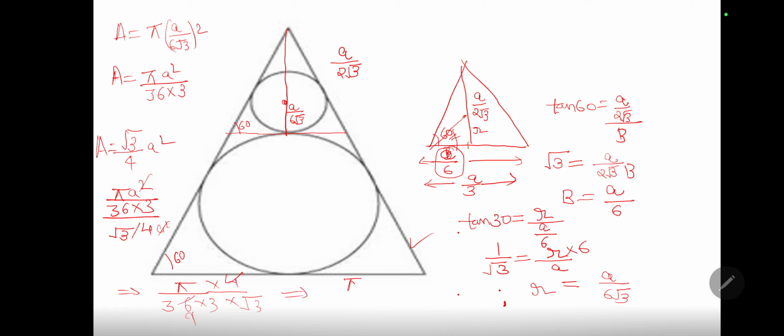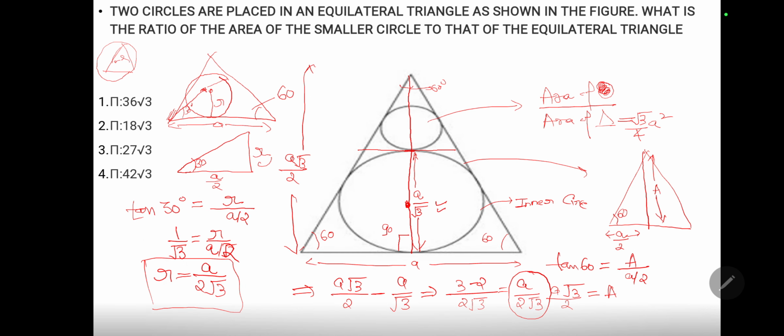So it will become pi by 27 root 3. So this is the ratio of the area of the smaller circle to the area of the larger triangle. Let's quickly see if we have this ratio: pi by 27 root 3.